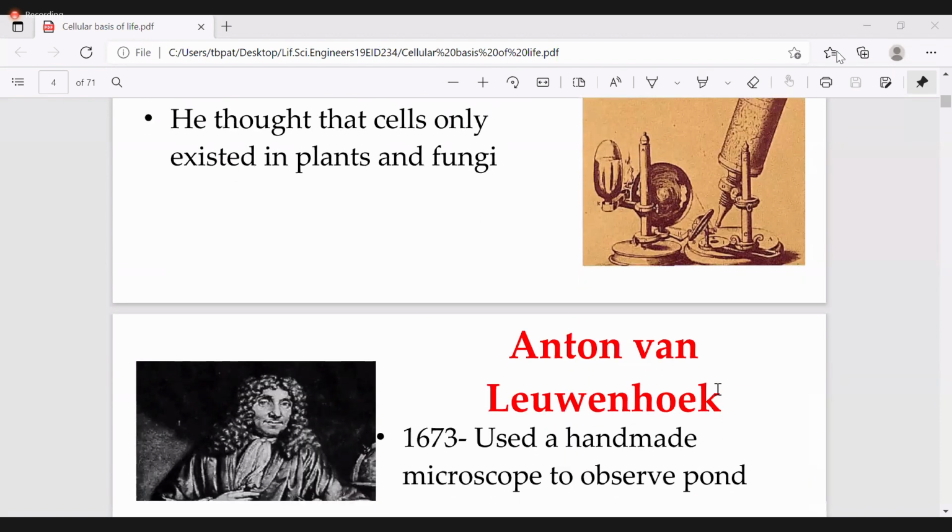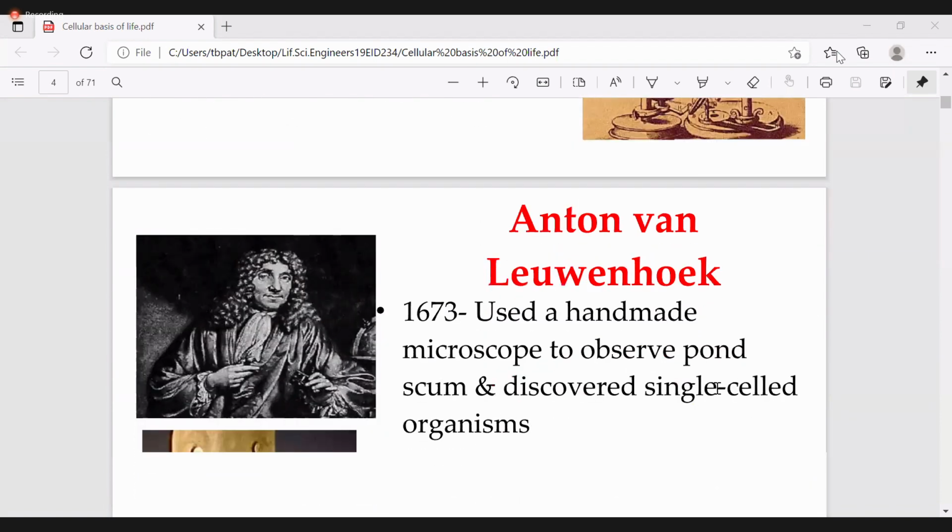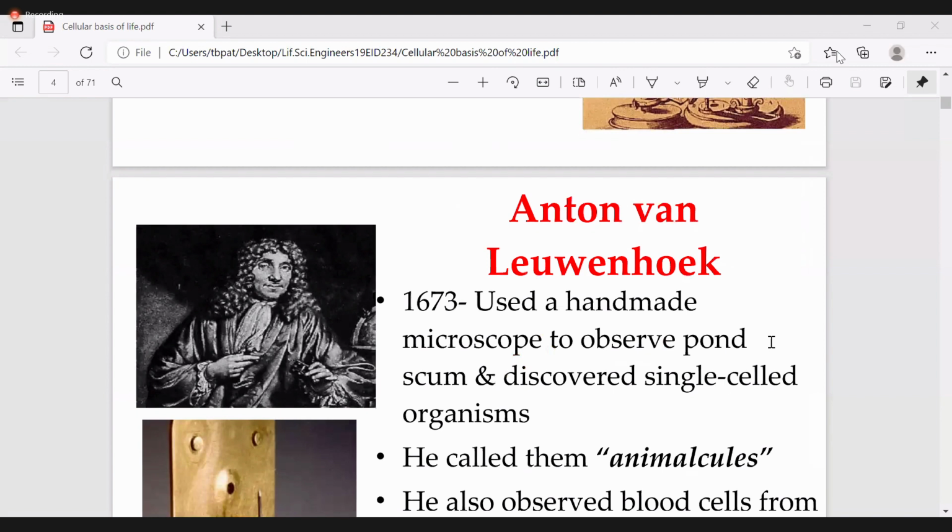And the next is Antony van Leeuwenhoek in 1673. He used a handmade microscope and observed pond scum, freshwater pond water, and discovered single-celled organisms.